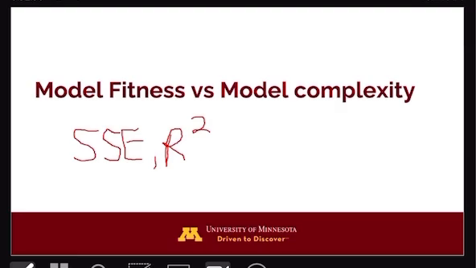What happens is this. If I continue to add independent variables into my model, even if the independent variable I'm adding doesn't make sense, R squared will go up. Does that make sense?